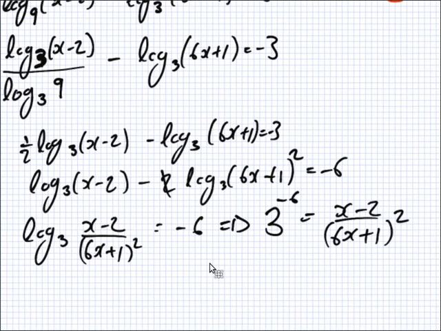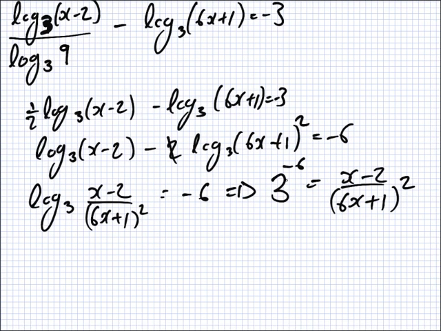Okay. Right, so we need to solve this one. This looks a little bit messy. What is 3 to the power of minus 6? 1 over 729. Okay. x minus 2 over 36x squared plus 12x plus 1.